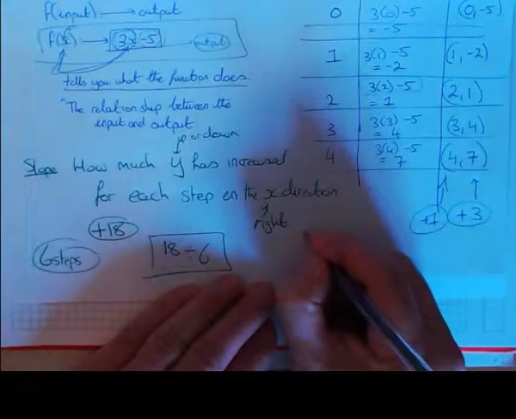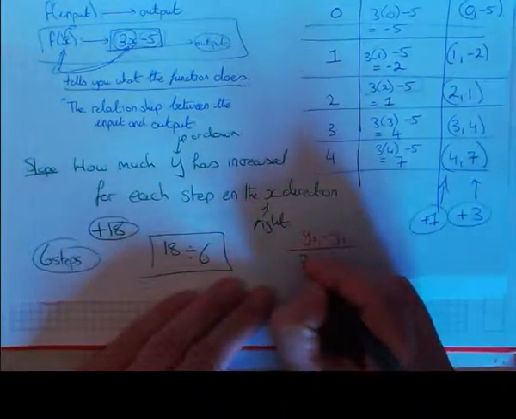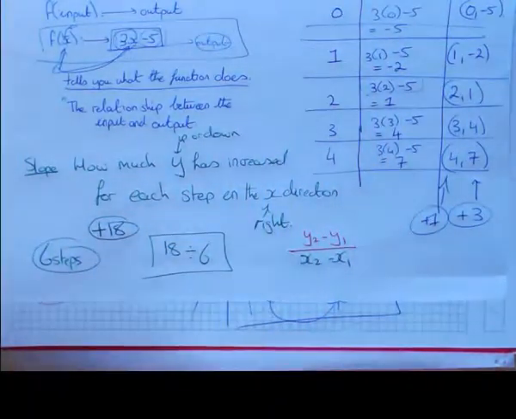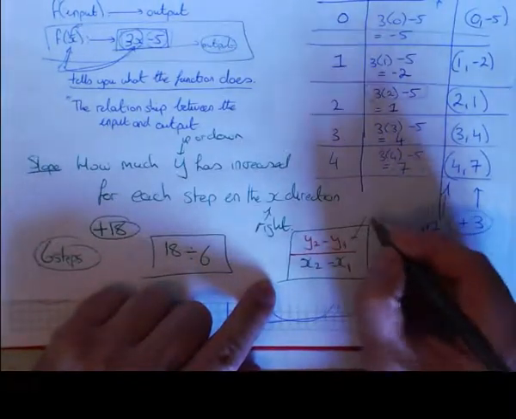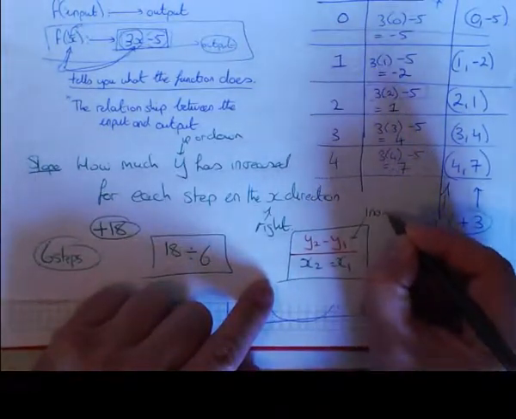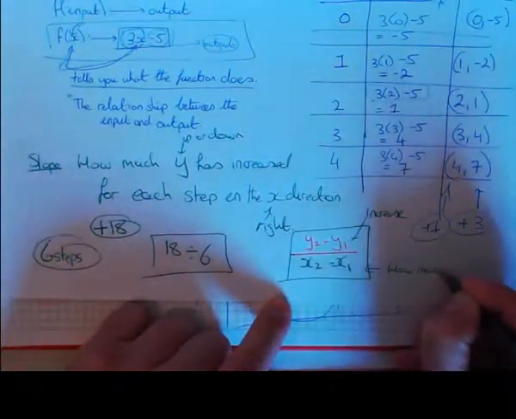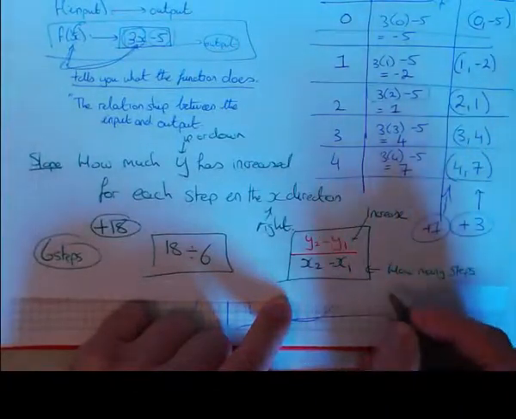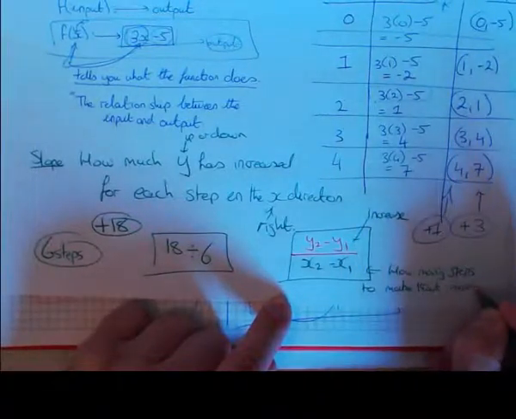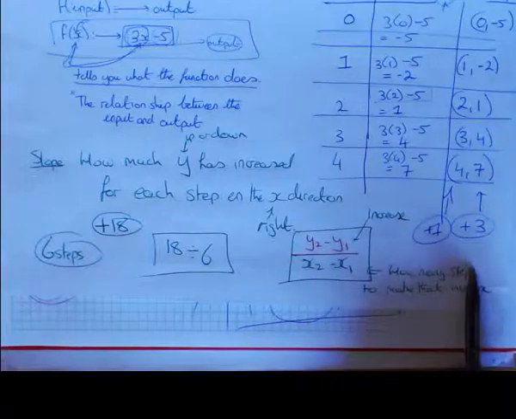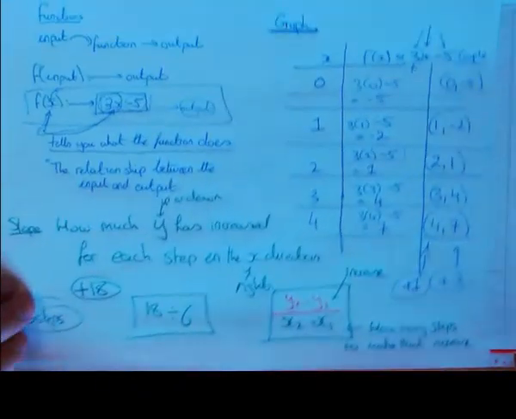There will be a formula for this. y2 minus y1, how much you've increased in y, divided by how many steps you took to make that increase. That's your slope. We're dividing our increase by how many steps we took to find out our increase for each step. Increase per step is the slope.